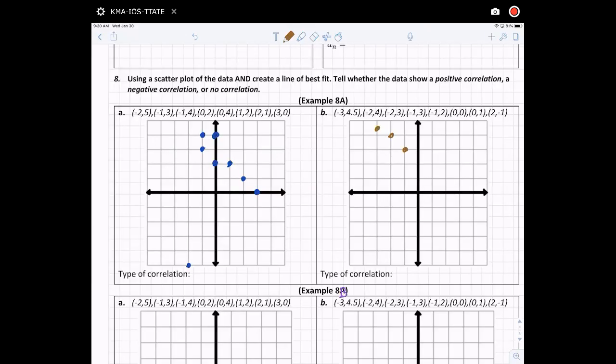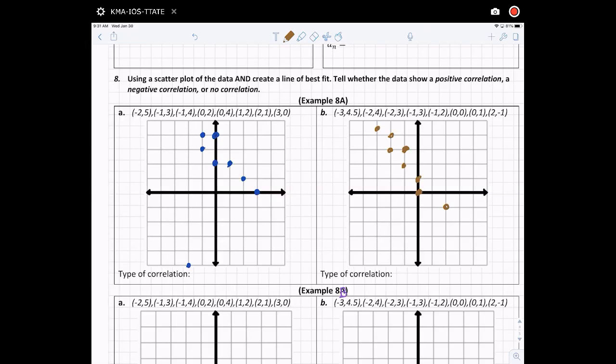Negative 1, 3. Negative 1, 2. 0, 0. 0, 1. But here, we can't count exactly, and it doesn't count perfectly, so that's where we use the distance.